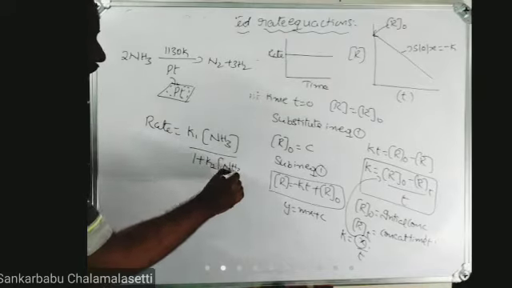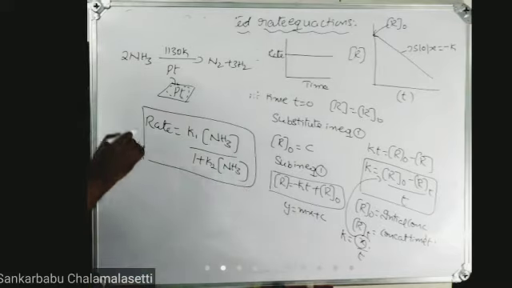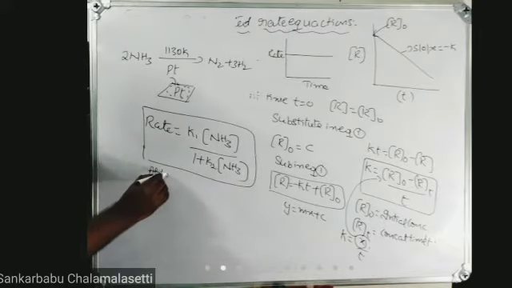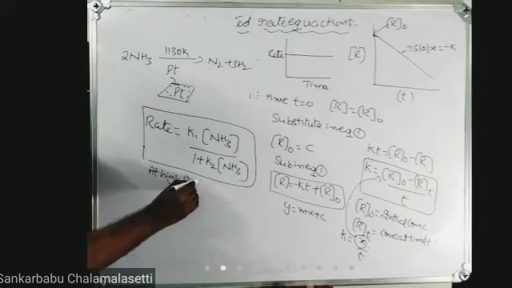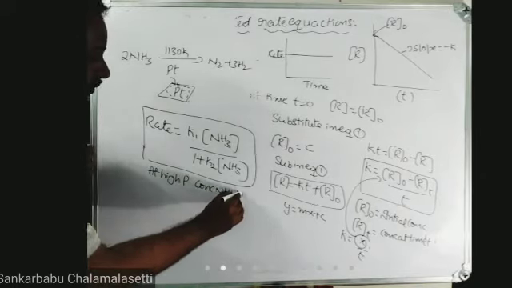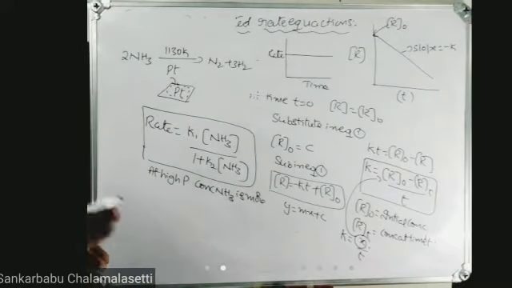This is the rate equation proposed for decomposition of ammonia. If you take a high pressure, what happens? The concentration of NH3 is more on the surface of platinum. The complete platinum is covered with ammonia. So at high pressure, the concentration of ammonia is more.